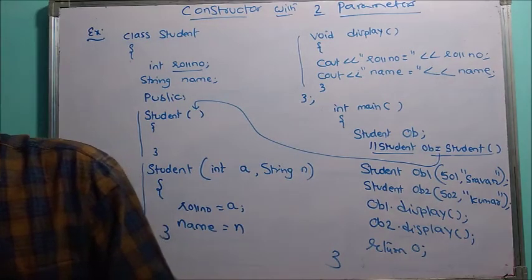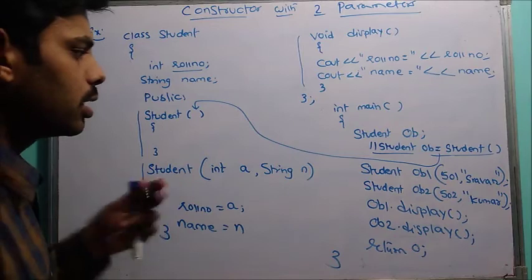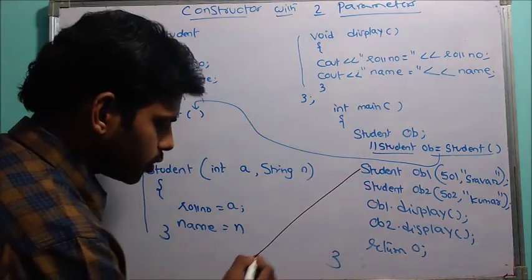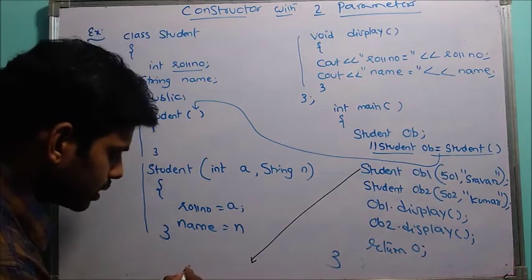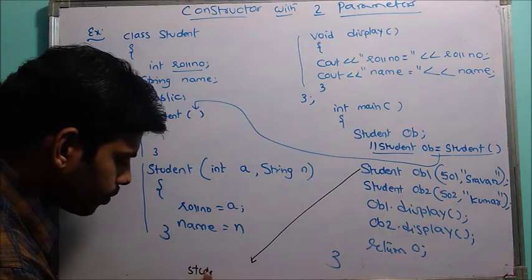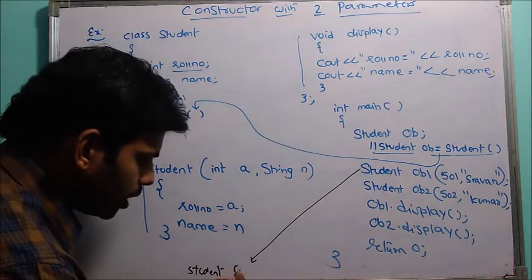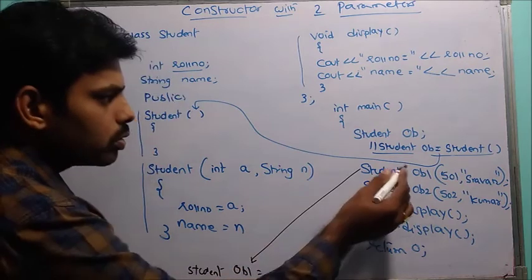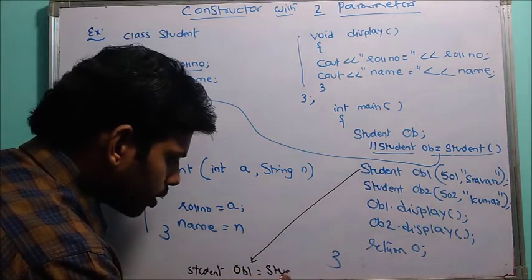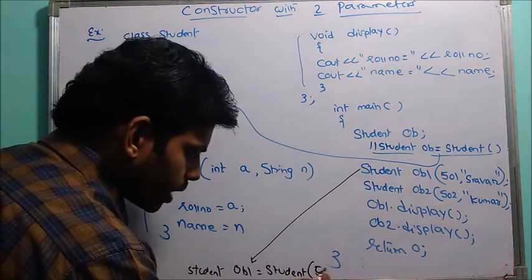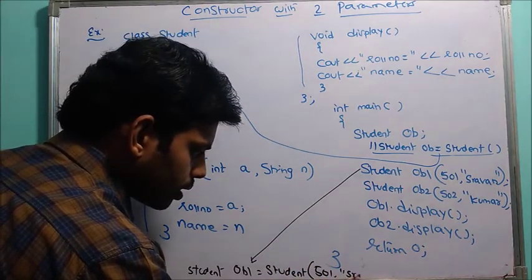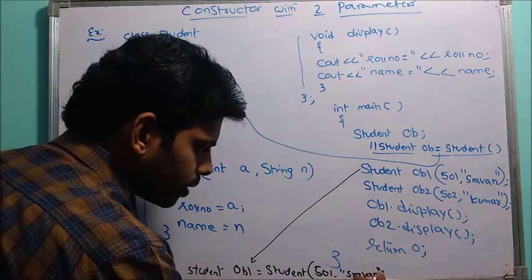So internally, if you see this, this function is called like that. Student OB1 equal to student, in brackets, the first parameter is 501 and the second parameter is the string.